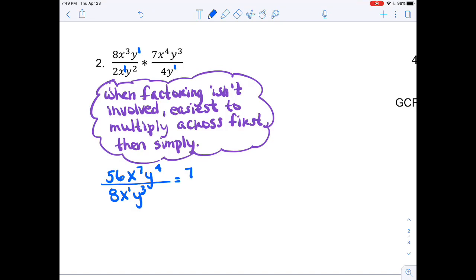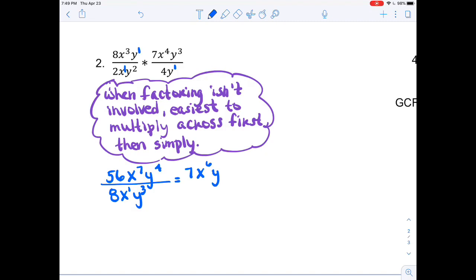That's again going to be subtracting, so I'm going to be left with x to the 7 minus 1, or x to the 6th. And then finally I have y, and we have a 4 over a 3 exponent. So we subtract those. 4 minus 3 is just a y, well, to the first power, so I don't really have to write that.